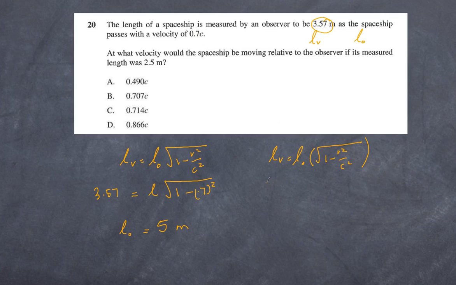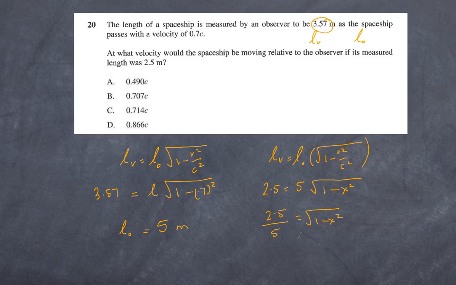So what I end up having here is that 2.5 is equal to 5 multiplied by the square root of 1 minus x squared. And this is the value I'm interested in. Of course, this is the ratio of the speed of light. So now I get 2.5 over 5 is equal to the square root of 1 minus x squared.